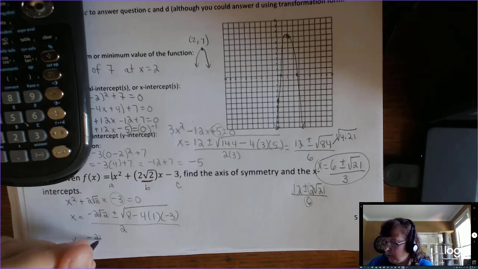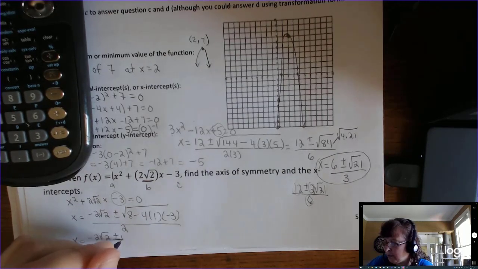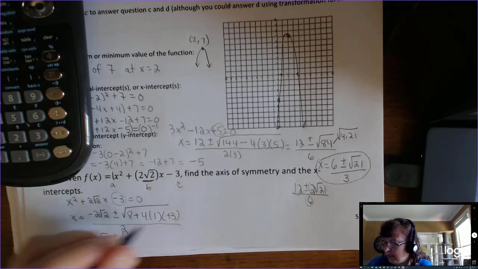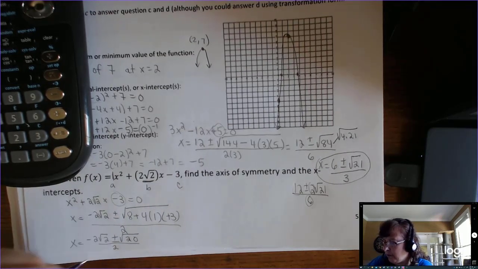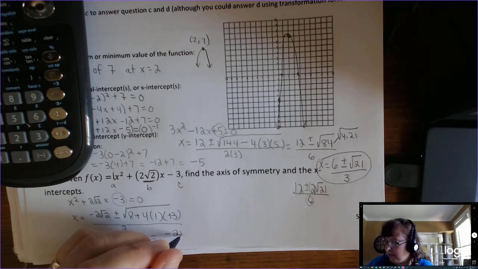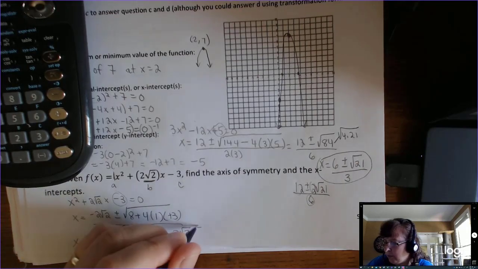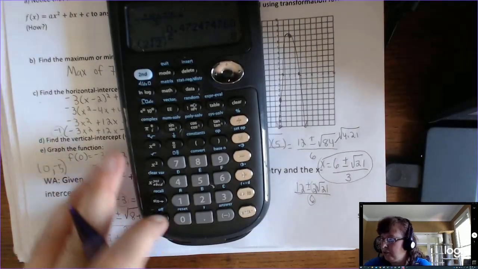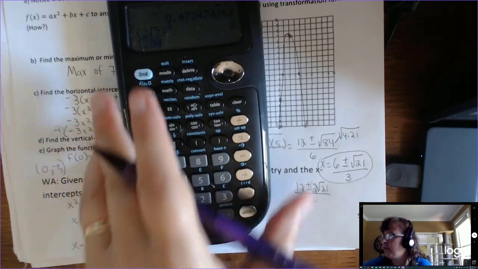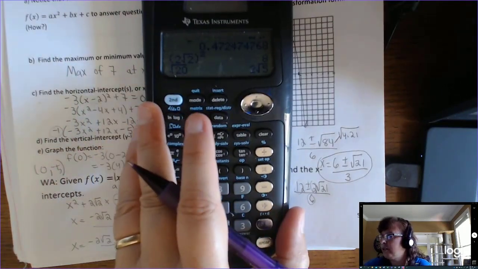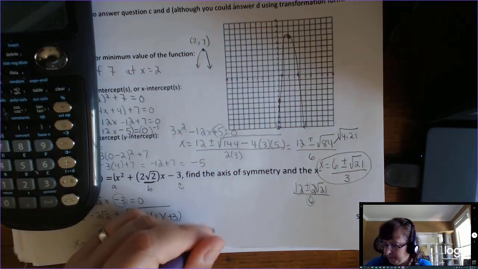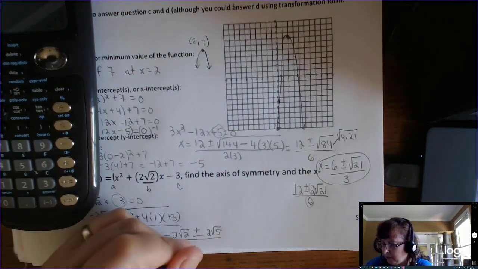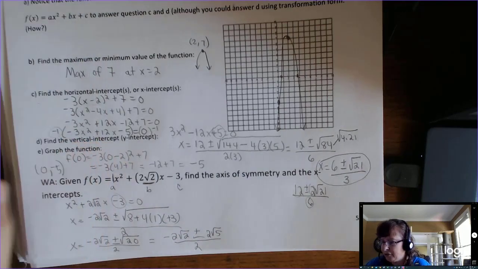Gives you negative 2 square root of 2 plus or minus the square root of 20, over 2. You can use the calculator if you want, but square root of 20 is 4 times 5, so no wonder it's 2 root 5, all over 2. And those are your x-intercepts.